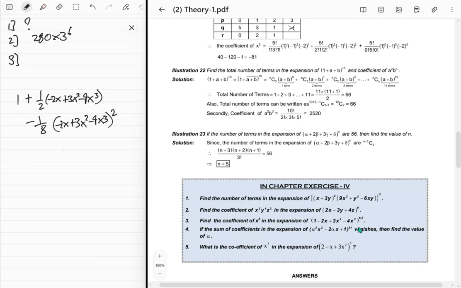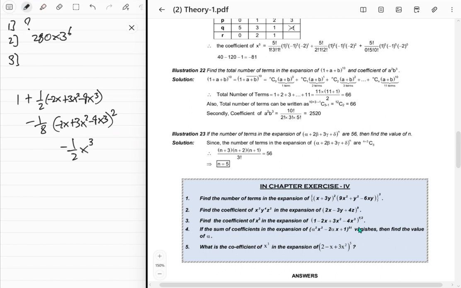And then you got negative 3 upon 2 added up, so it's going to be 3 upon 8, times 1 upon 3, so 1 upon 16, times minus 2x plus 3x squared minus 4x cubed, to the power of 3. Now the cube term will be just negative 2 power 3, so negative 8. That's why it's going to be negative 1 upon 2 x cube. There we go.